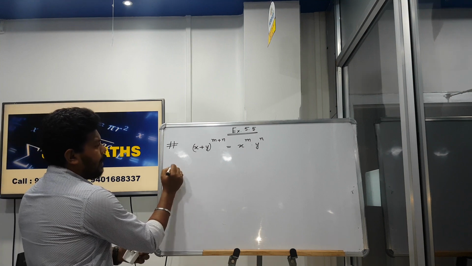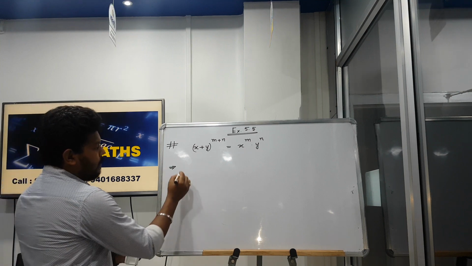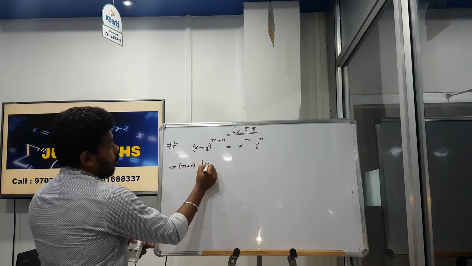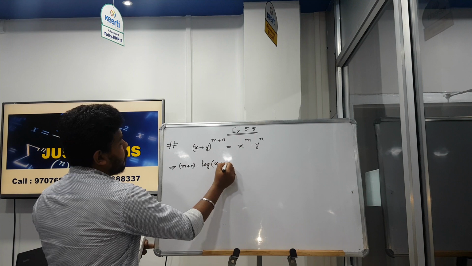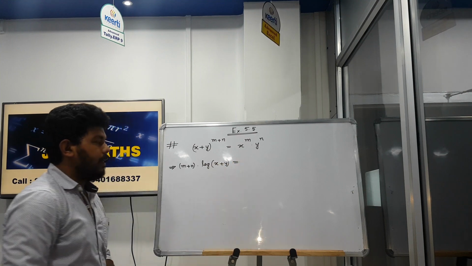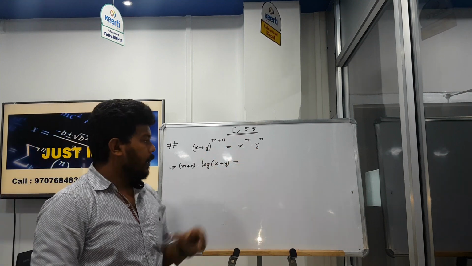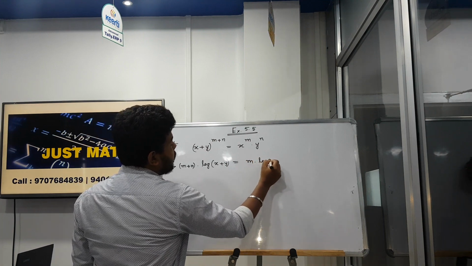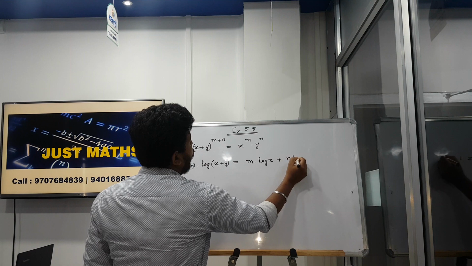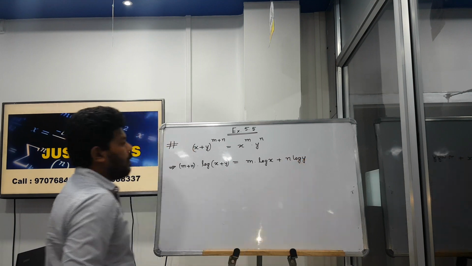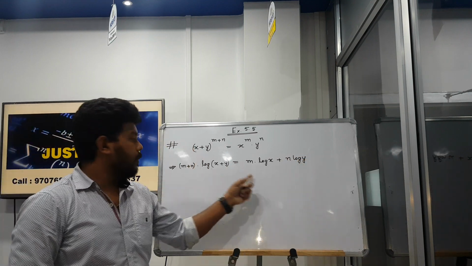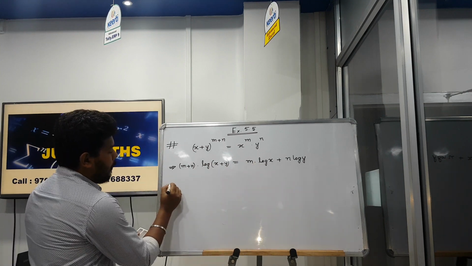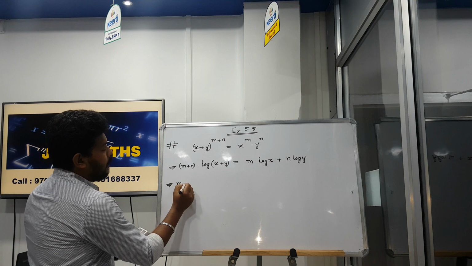Similarly, take log on both sides. You will get m plus n into log of x plus y. Again, the right side is in product form, it will be m of log x plus n of log y. Now, we will differentiate both sides with respect to x. M plus n is a constant.